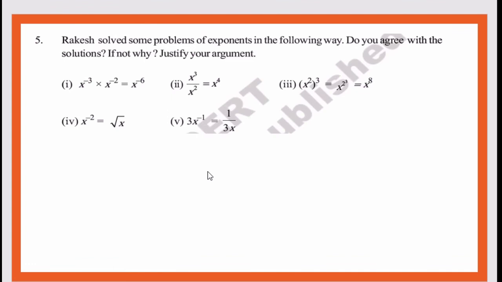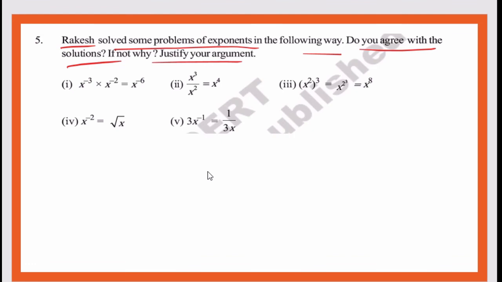Next, Rakesh is a student. See, he solved some problems of exponents in the following way. Do you agree with the solutions? If not, why? Justify your argument. Rakesh is a student, so he is learning exponents and powers, right? He has done some problems on his own and he thought they are correct.